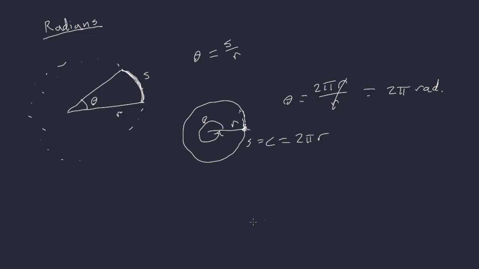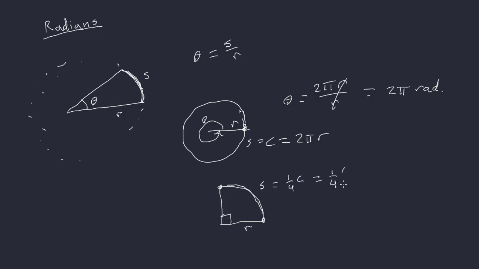If we instead check out a 90-degree angle inside of a circle with radius R, we know that this arc here is basically going to be 1/4 of the circumference, because this is 1/4 of that circle.